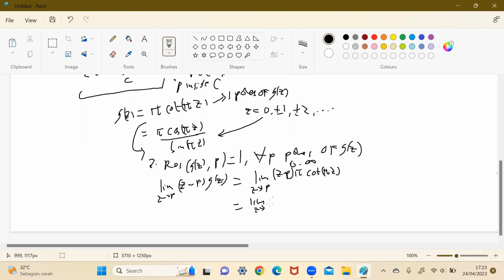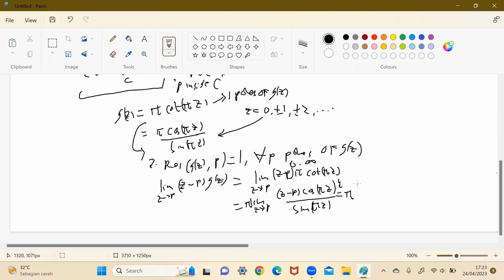So we have the limit as z approaches p of (z minus p), factoring out pi, cosine pi z over sine pi z. Notice that this results in a 0 over 0 indeterminate form, and we can use L'Hopital's theorem to evaluate this limit.